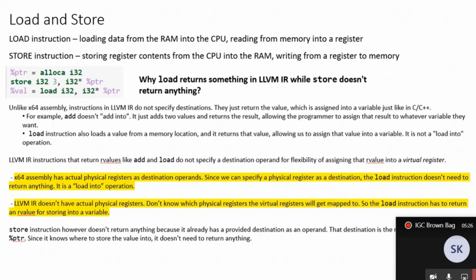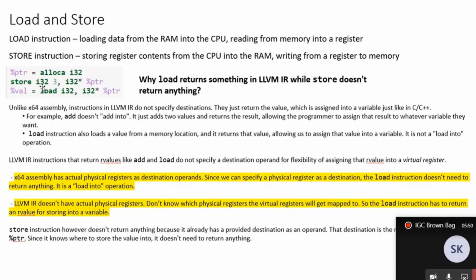Consider this. We are allocating a 32-bit integer on the stack, and we are returning the starting address of that allocated variable in the stack into a pointer variable. Now we want to store something into the variable pointed to by the ptr variable.